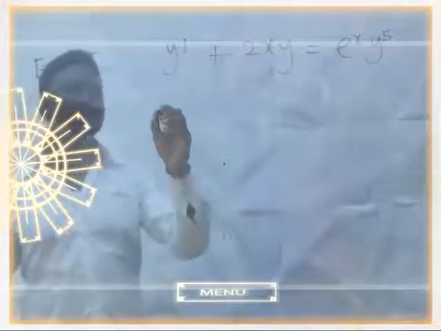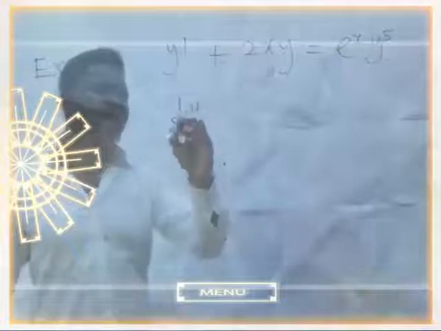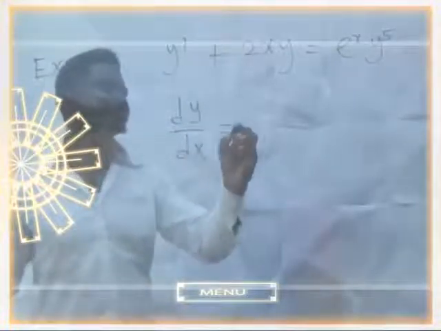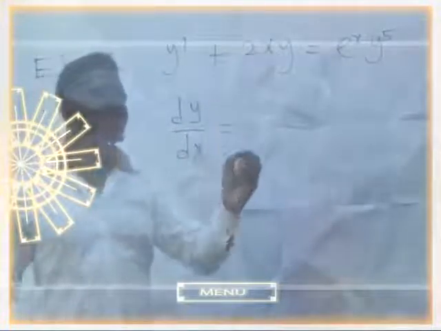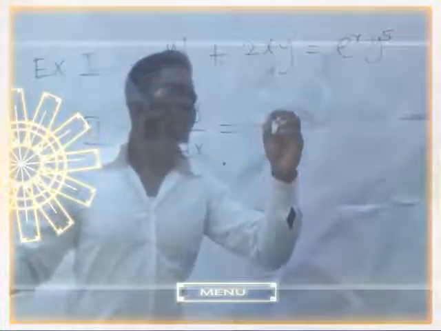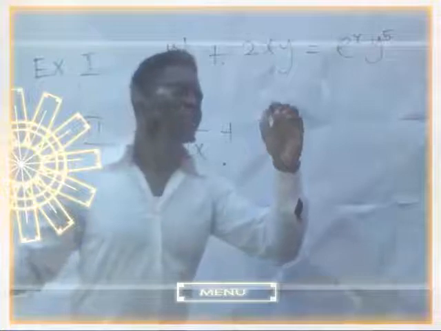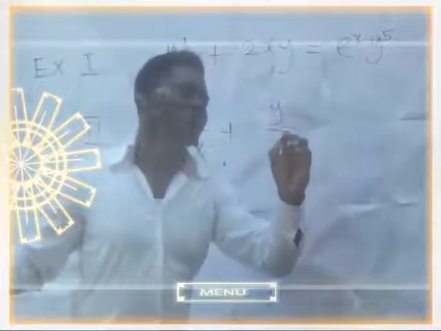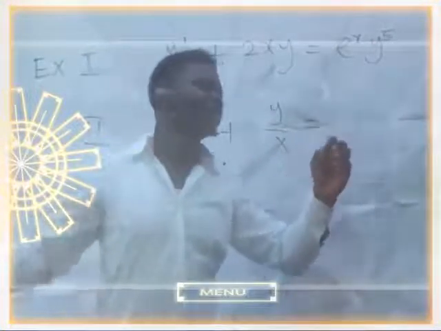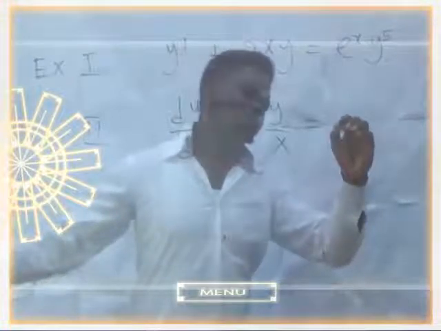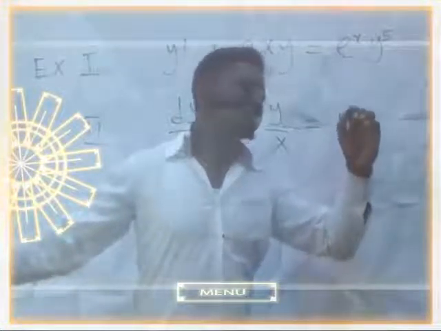Let's say example 2: dy over dx plus y over x is equal to, let's say, y squared sine x.